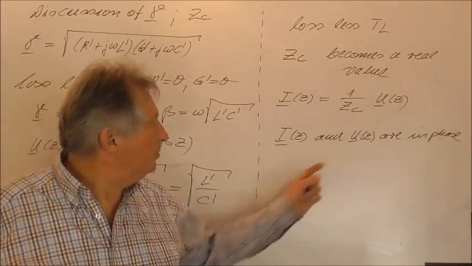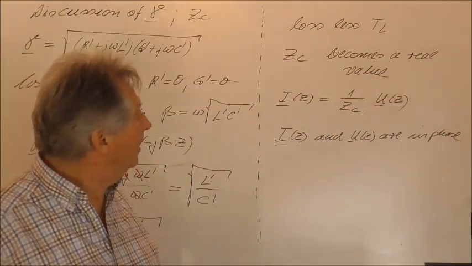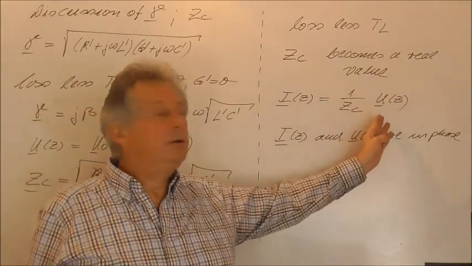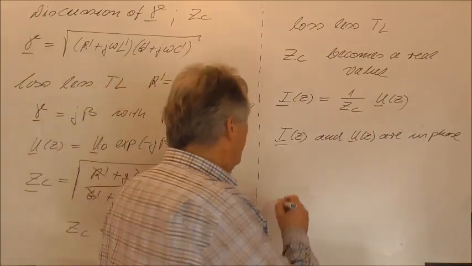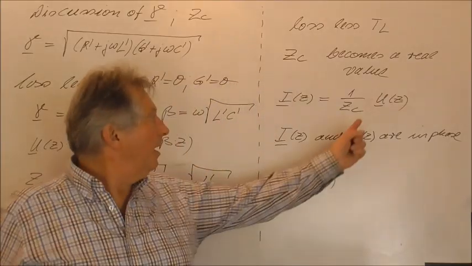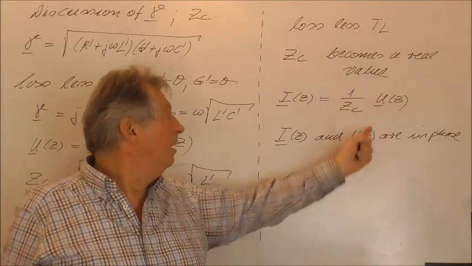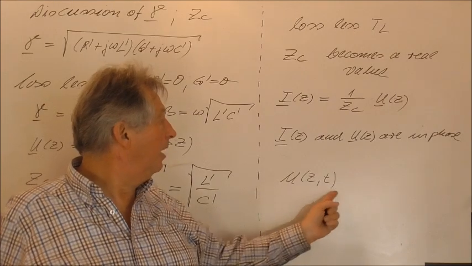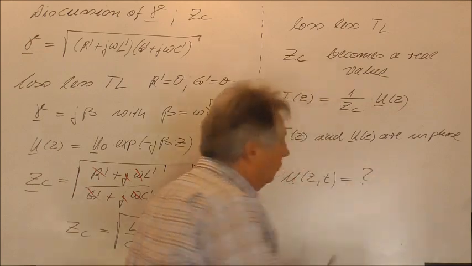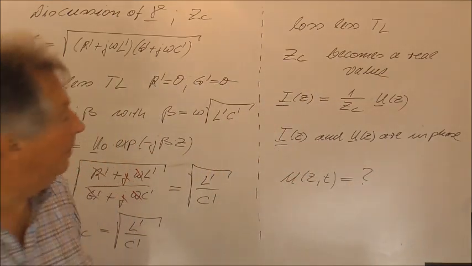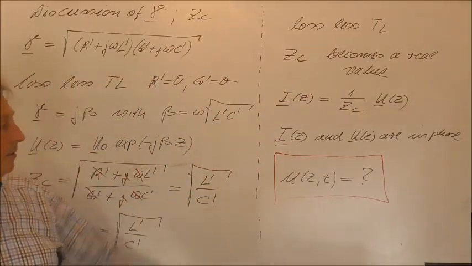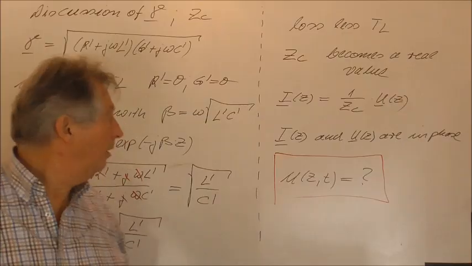So there is no phase change between the voltage and the current. Up to now we only discussed the complex valued function, and the question is how the function U of z comma t behaves, because with the help of the complex valued function we in principle described a sinusoidal function, and up to now we don't know how this function behaves. So this is still to be done, and this we will do in the next lecture to discuss the behavior of this function.